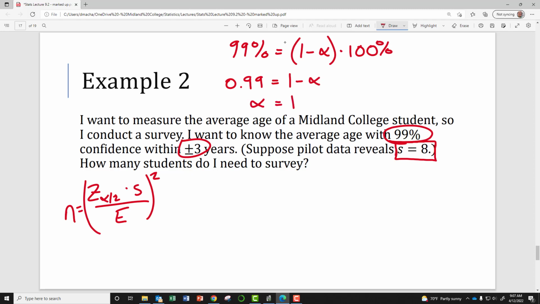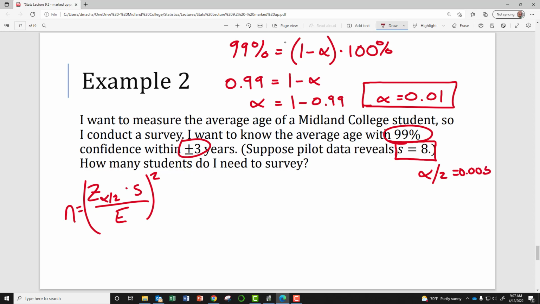So alpha is equal to 1 minus 0.99, which tells me that alpha is 0.01. Knowing that, alpha over 2 should be 0.005, and 1 minus alpha over 2 should be 0.995.